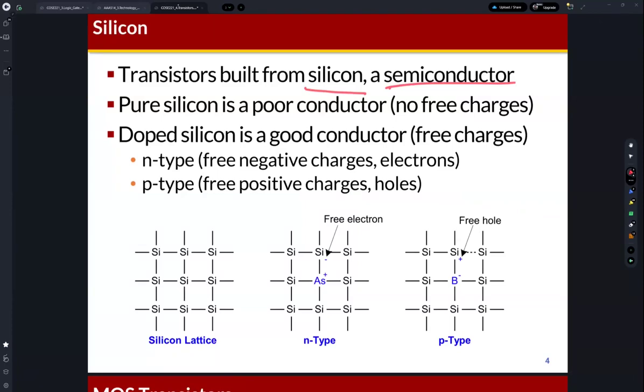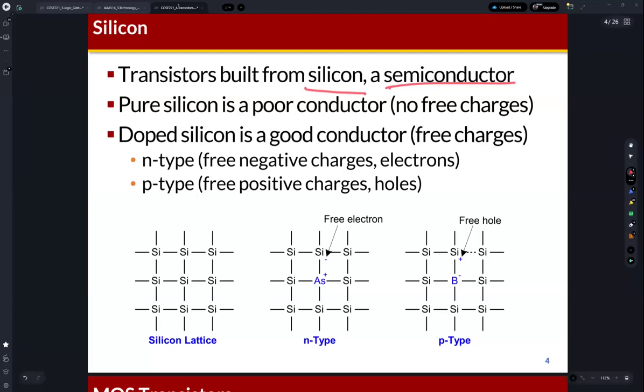Then how can we control the property or characteristics of this semiconductor silicon? The silicon does not have enough free electrons, which is why it's called a semiconductor.